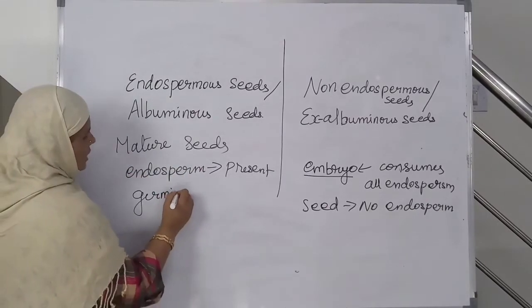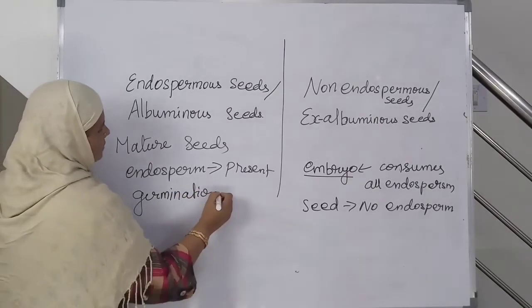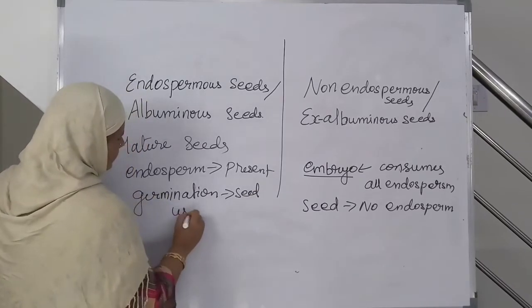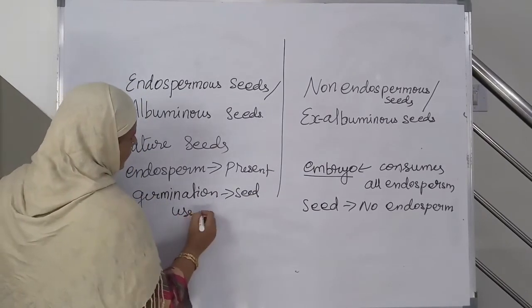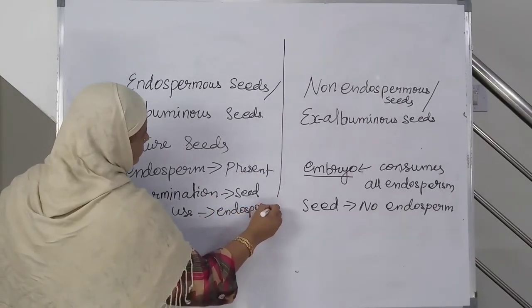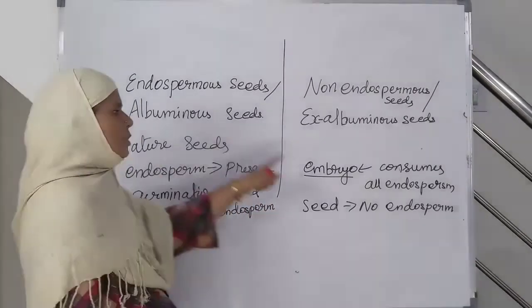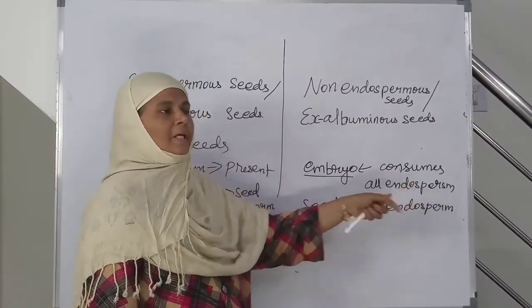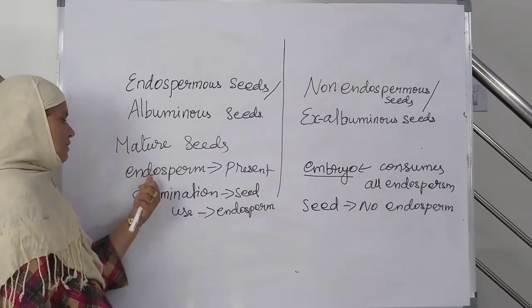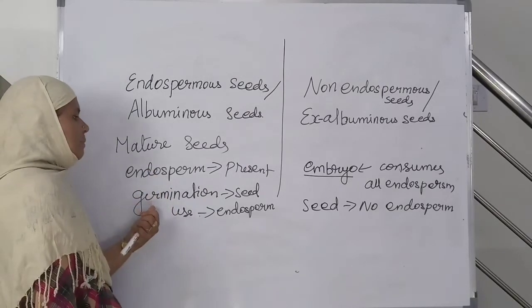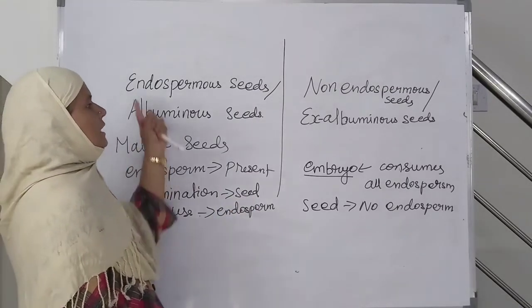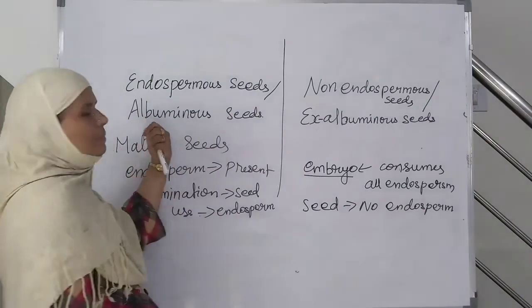During germination, the seed will use the endosperm. That is the difference between the ex-albuminous and albuminous seeds.